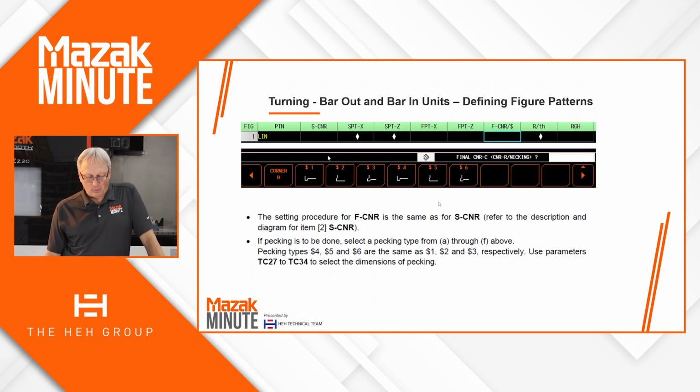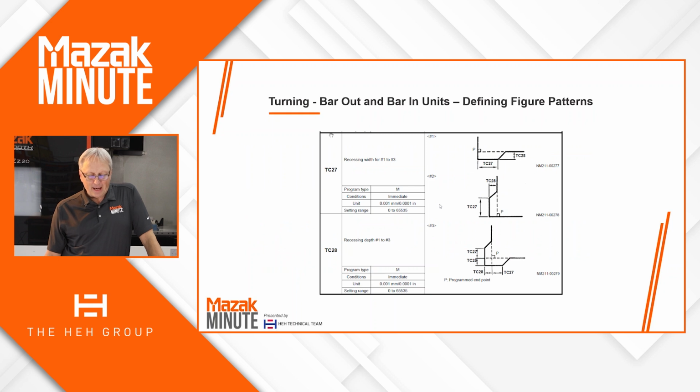On the next screenshot, what I have is the parameter for 1, 2, and 3. So if we look at number 1 here, TC27 is going to be the width in the Z-axis, where TC28 is what I like to refer to as the depth in the X-axis.